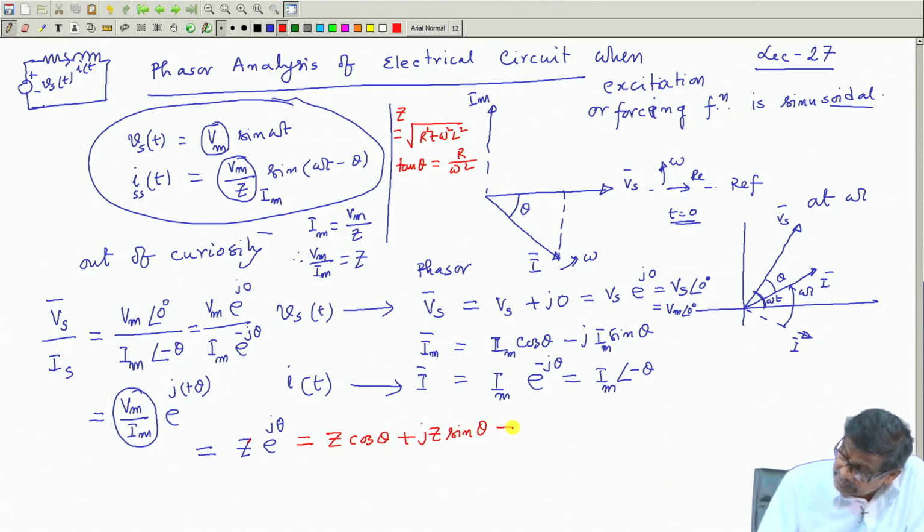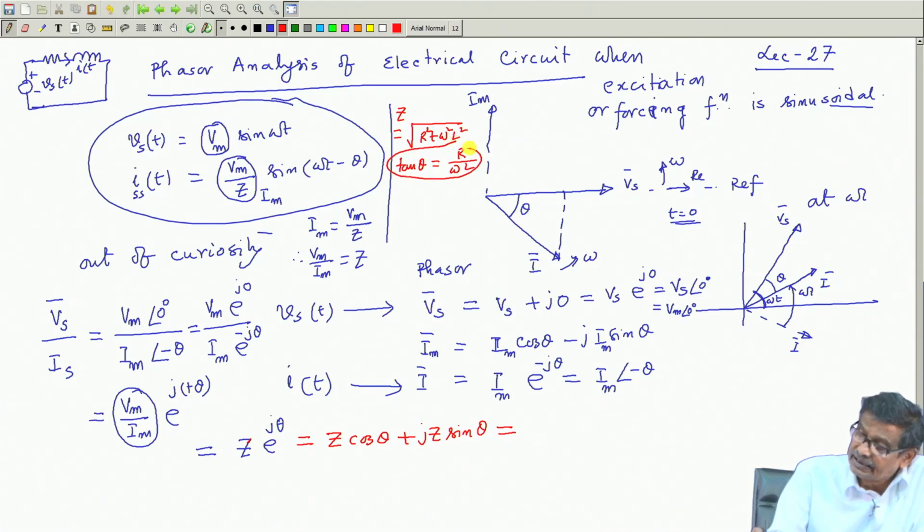And then this Z cos theta: if you consider a right angle triangle, I am so sorry, I wrote this wrongly, tan theta is omega L by r.